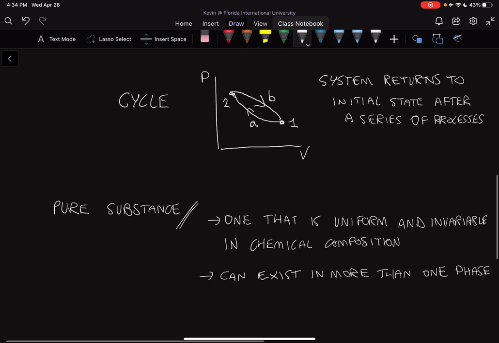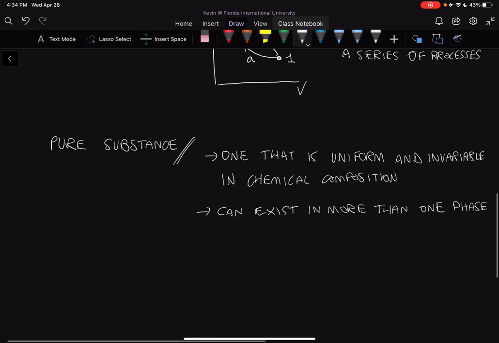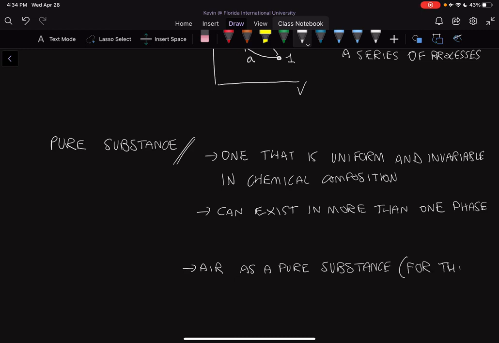We can also think of air, in this class, as a pure substance. The reason I bring this up is because air is made of a mixture of gases.